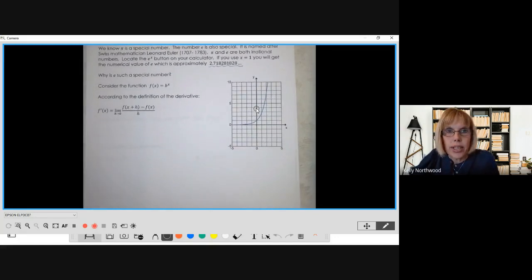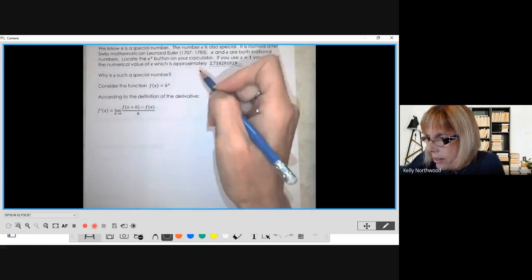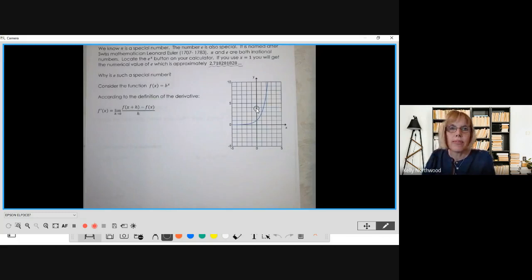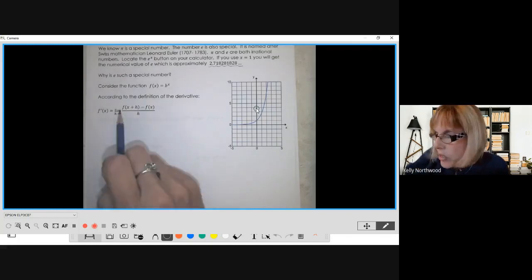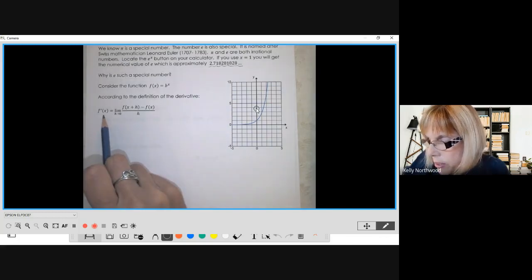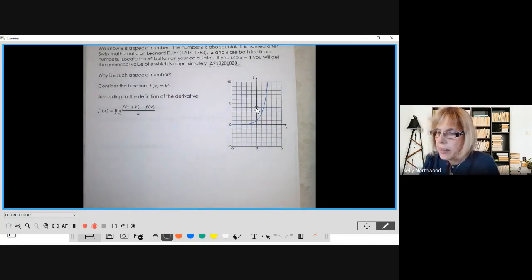So consider the function f at x equals b to the x, where b is a number. That's an exponential function, if you remember from advanced functions. In advanced functions, you probably looked at functions like y equals 2 to the x, y equals 3 to the x, y equals a half to the x, etc. So according to the definition of the derivative, the first principles formula, f prime at x is the limit as h approaches 0 of f at x plus h minus f at x over h.